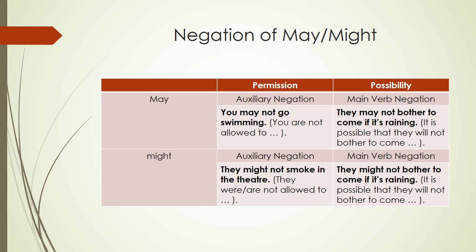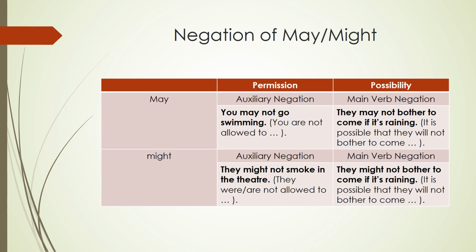When I am using may or might to give permission in a negative sentence, here I am having auxiliary negation, which means that the auxiliary may or might is included within the scope of negation. The scope of negation will start from the auxiliary may or might to the end of the sentence. So you may not go swimming, it means that you are not allowed to go swimming. They might not smoke in the theater, they were not allowed to smoke in the theater.